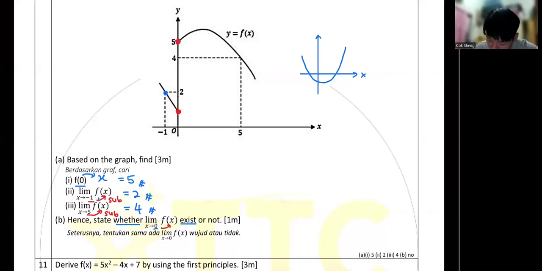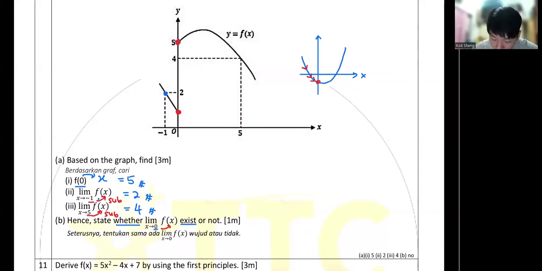Example, okay? So when x equals 0, this is the point, right? Same thing, from the left side of the graph, go towards the point, all the way here. And then from the right side of the graph, also go towards the point here.